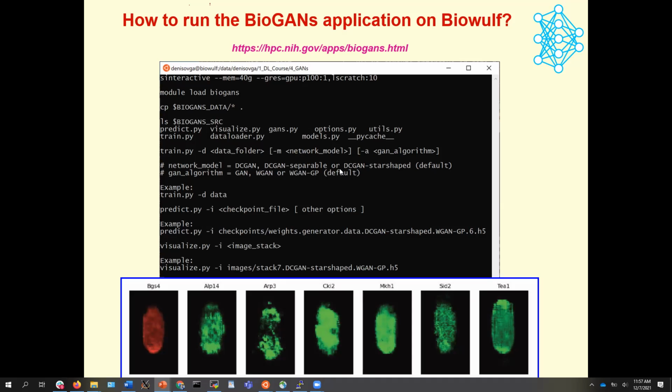It's overkill. I used just regular GAN, regular DCGAN, and the regular GAN algorithm. It worked. But for this particular data, I recommend star-shaped and WGAN GP, and this is why they are the default options. In general, you can experiment with others as well. They may work. Thank you. You're welcome.